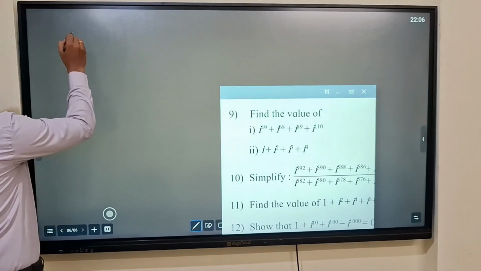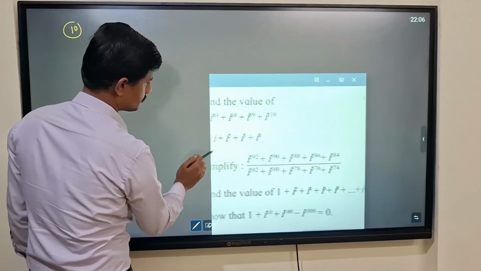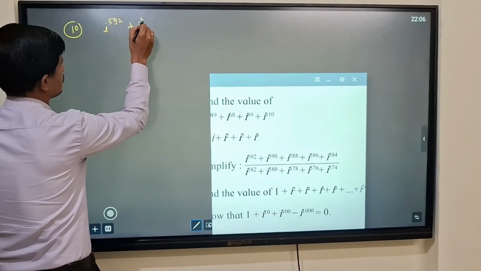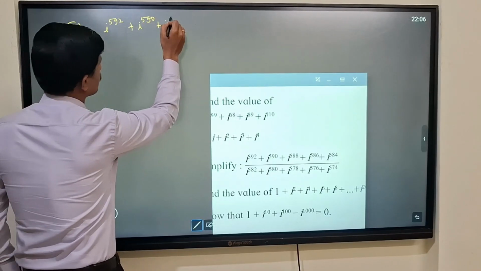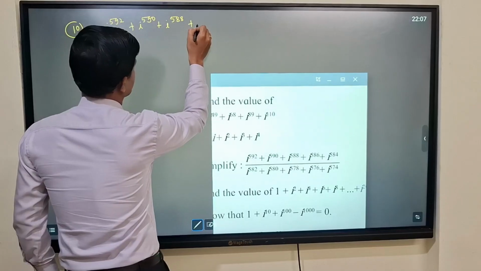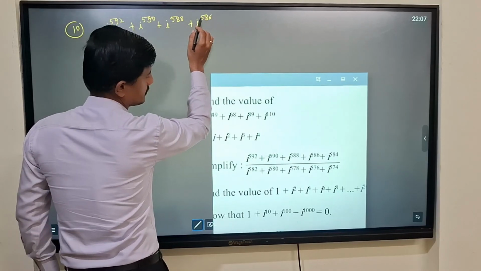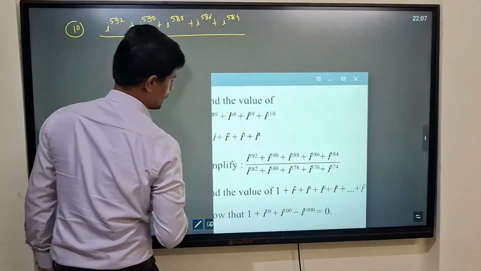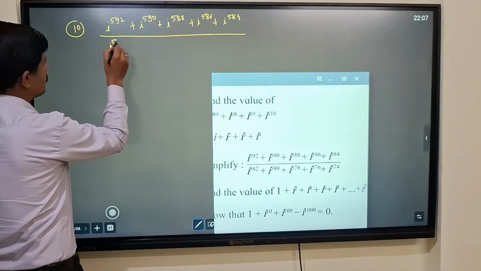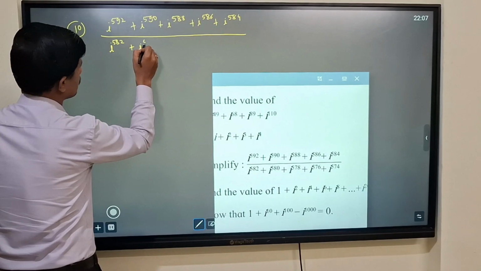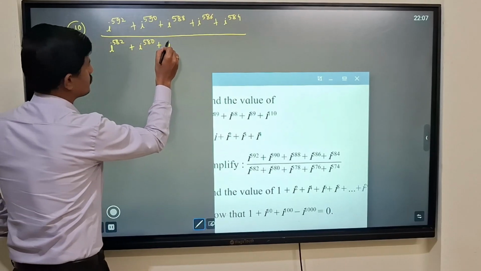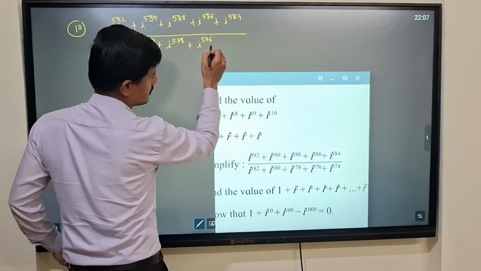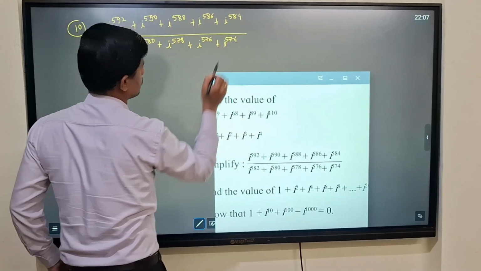Now the next question, the 10th one. Simplify i raised to 592 plus i raised to 590 plus i raised to 588 plus i raised to 586 plus i raised to 584 plus i raised to 582 plus i raised to 580 plus i raised to 578 plus i raised to 576 plus i raised to 574.